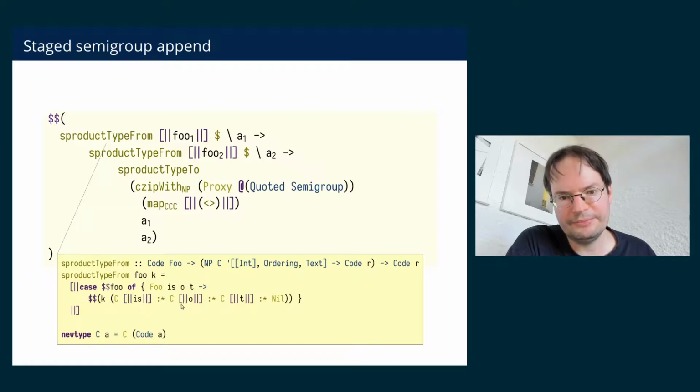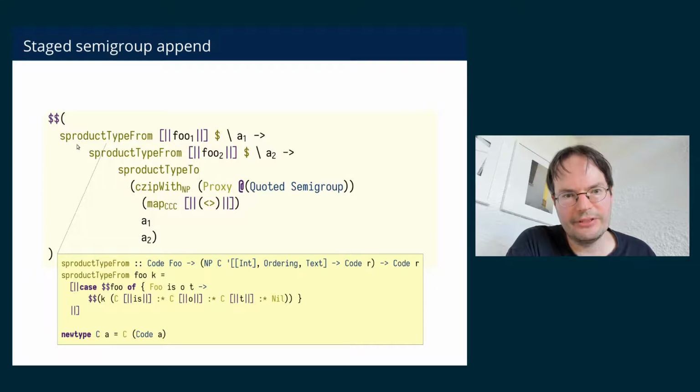So every one of the components of the product is a piece of syntax. And this representation is applied to the continuation and then spliced at this point. Now, if we look at the situation here, then S product type from is applied to this foo1, and then the continuation is all the rest, right? This lambda A1 arrow up to the end of the expression.